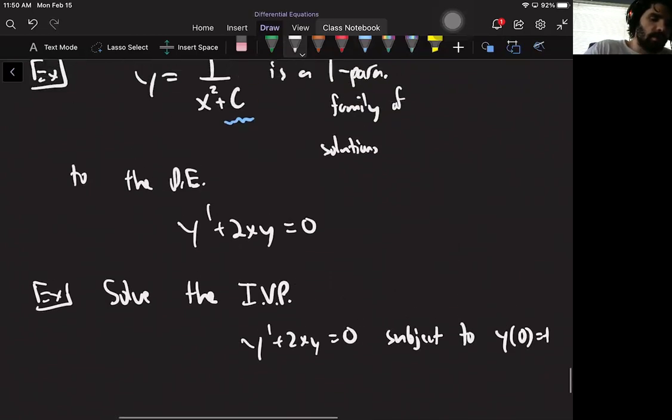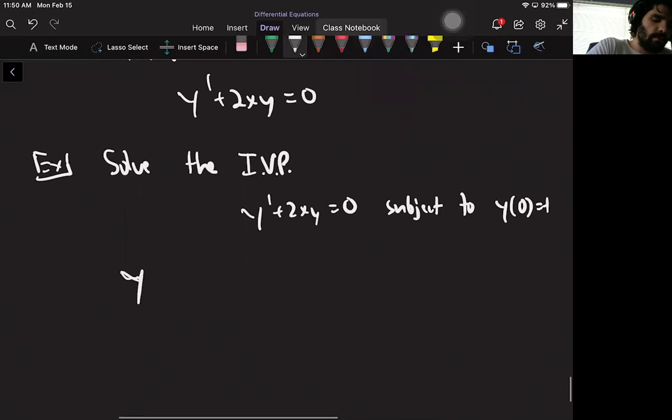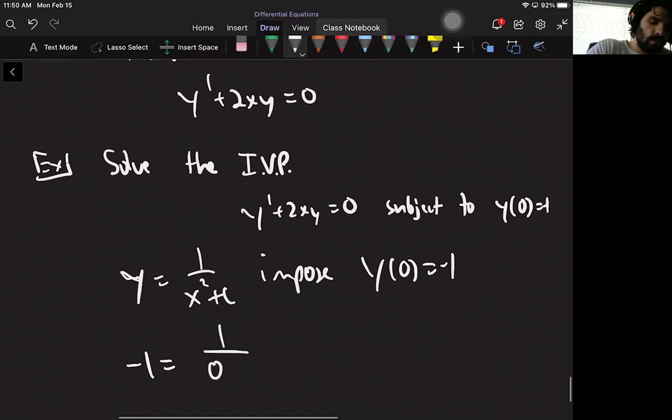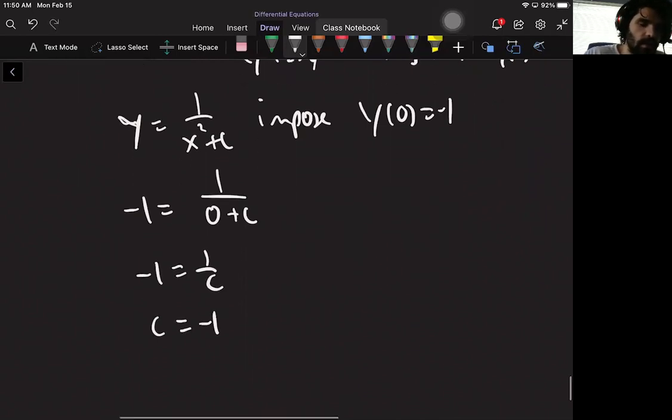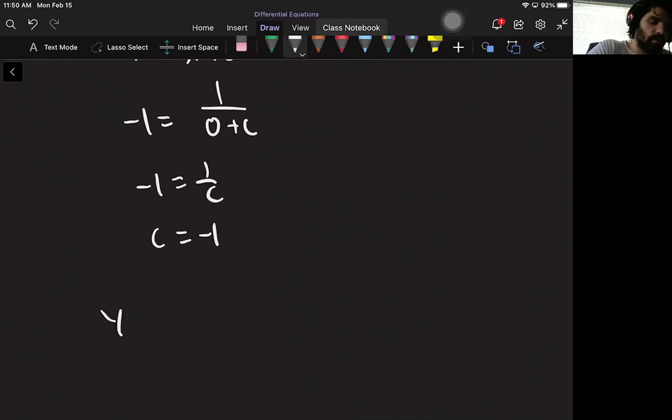We already know that this is a one parameter family of solutions. So now I just got to impose this condition. So let's do that. C will be -1. So that means what solves the initial value problem is this.